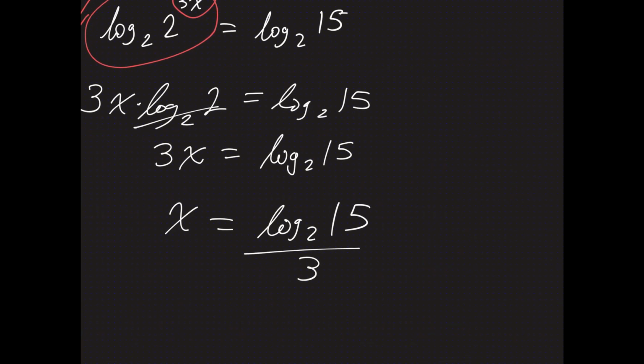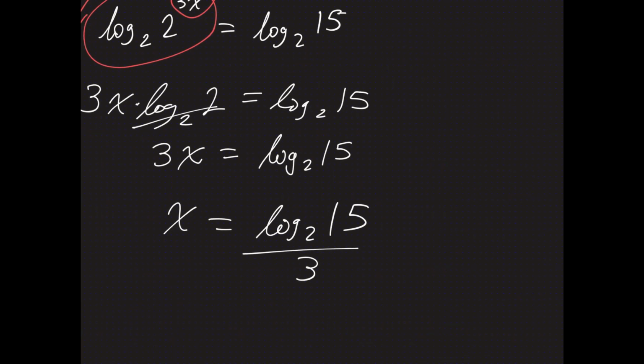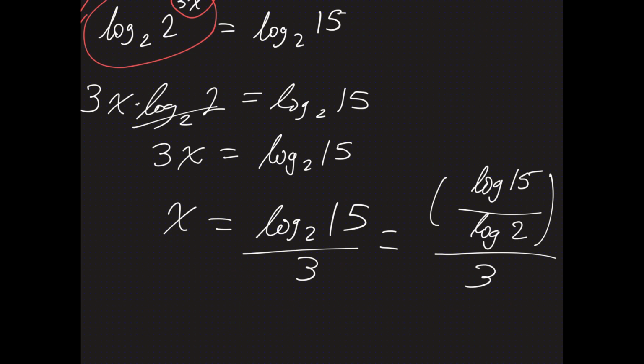Again, you can get a more concrete answer here by simplifying the logarithm, and you need to use a calculator in this case. The way you use your calculator here is you set up this logarithm using the change of base formula, which states that log base 2 of 15 is equivalent to log of 15, or the common log base 10, divided by log of 2, or that base, and that's all over 3.